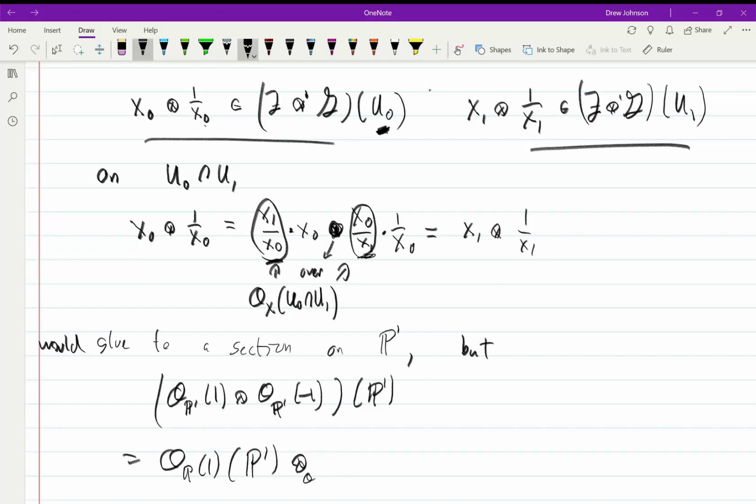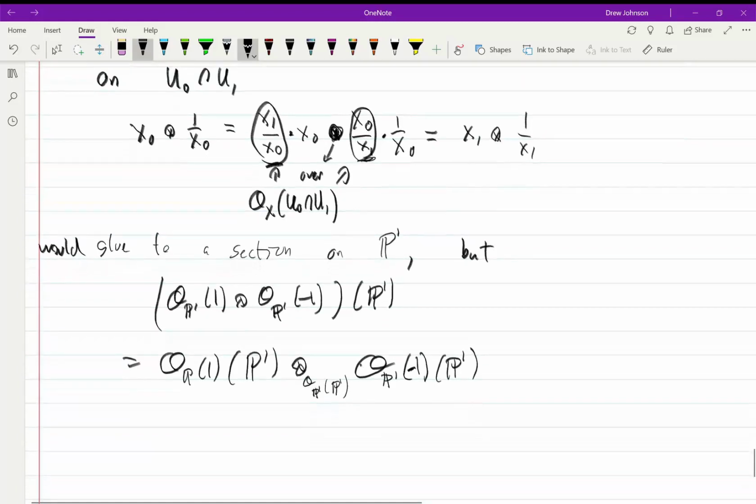So we'll tensor over O_{P1}(P1), the global functions, the global sections of O(1) times the global sections of O(-1). But if you remember last time, we said that the negative twisting sheaves have no global sections. So this here is just equal to 0.